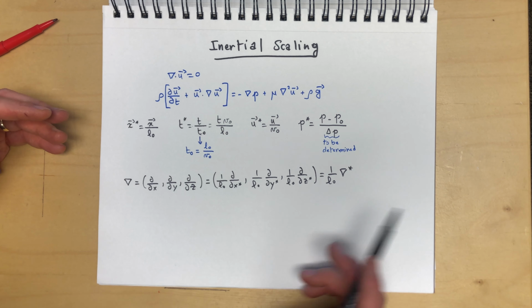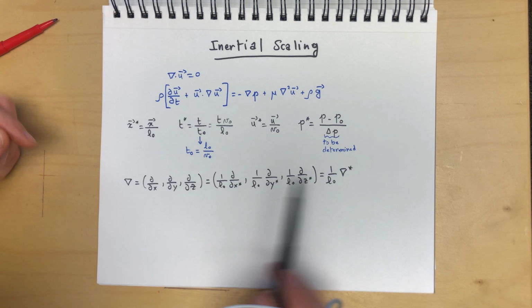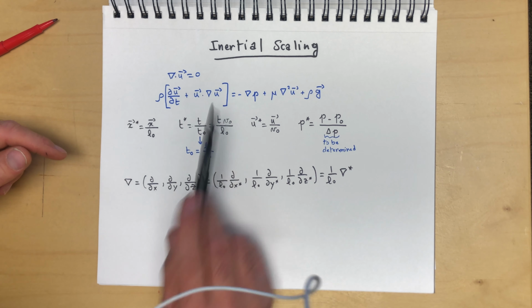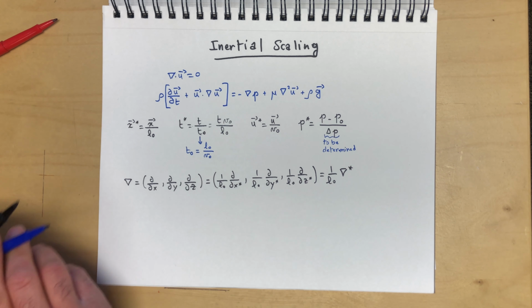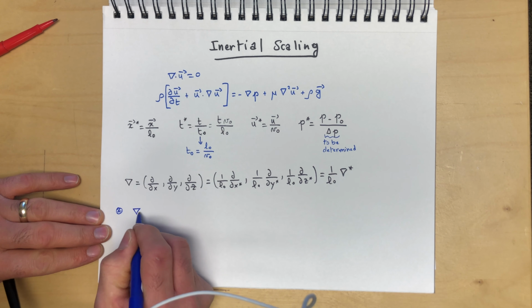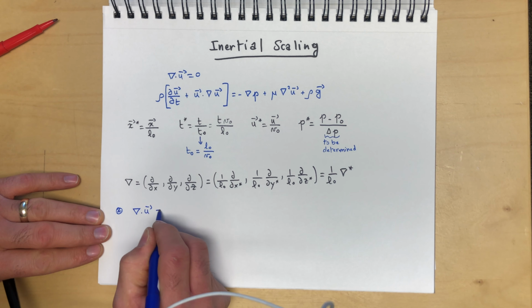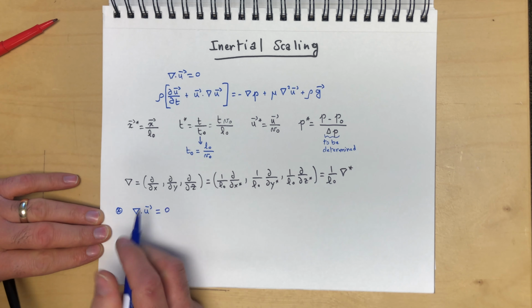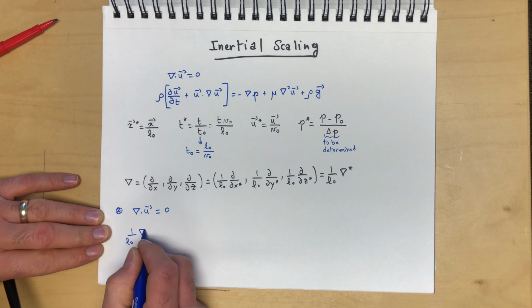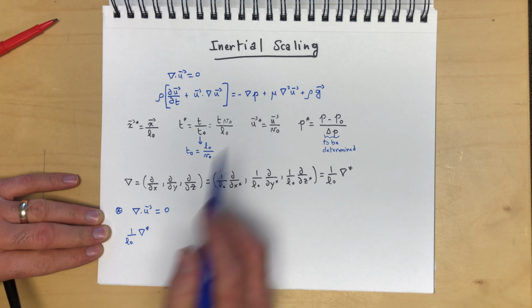This is really important because it will allow us to convert all of the terms that appear here. So let's go ahead and do that. We start with the continuity equation. Div u is equal to 0. Now, we said that grad is equal to 1 over L0 grad star, and u was equal to V0 u star.